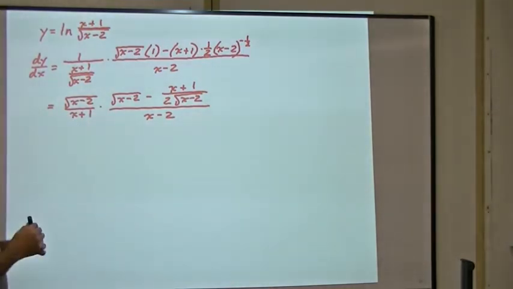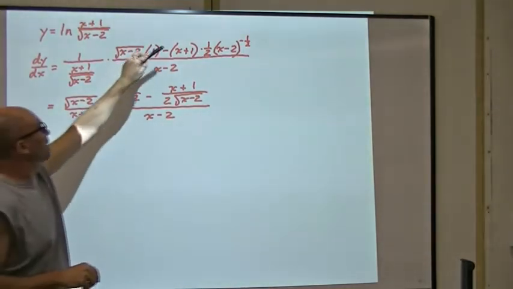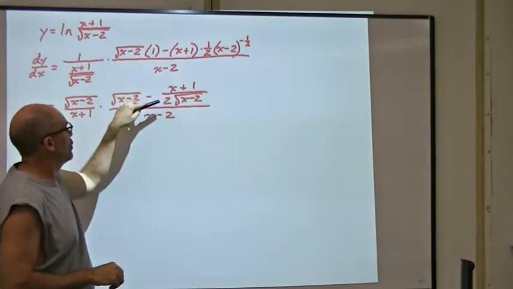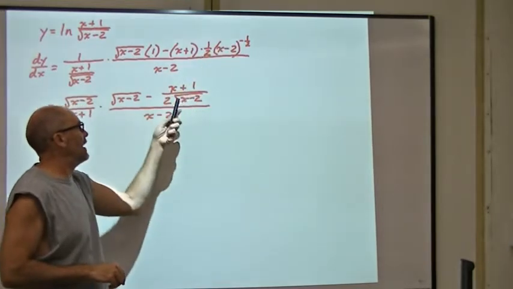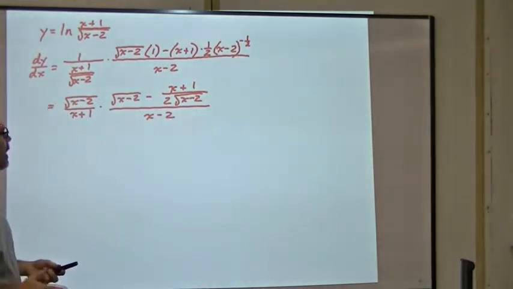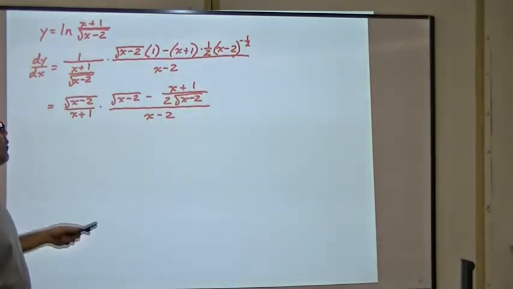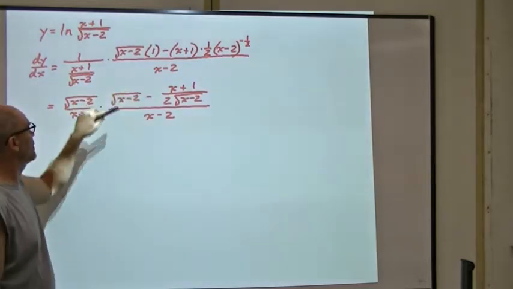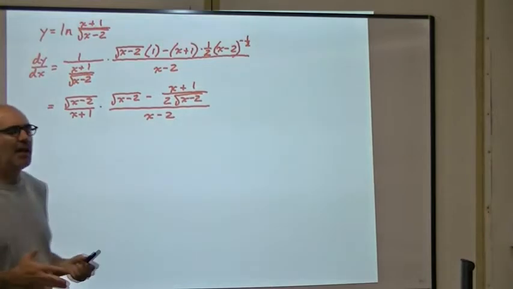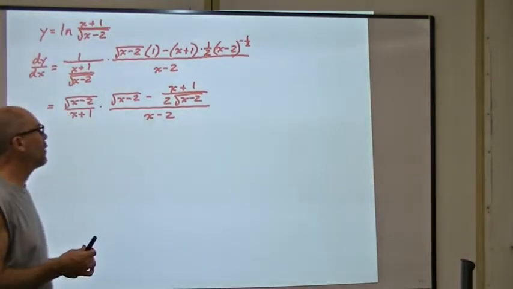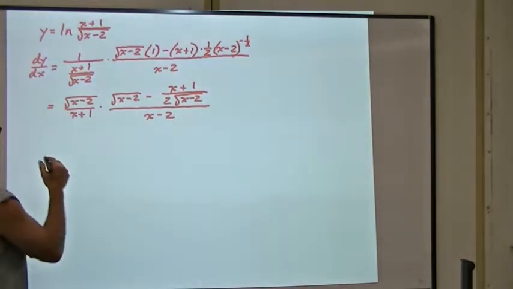Now notice the x plus 1 here is on top, the 1/2 makes a 2 on the bottom, and x minus 2, the negative 1/2 becomes square root of x minus 2 on the bottom. Now we can get common denominators between these two and multiply together. Basically, it's just algebra at this point, but let's go ahead and do the algebra.